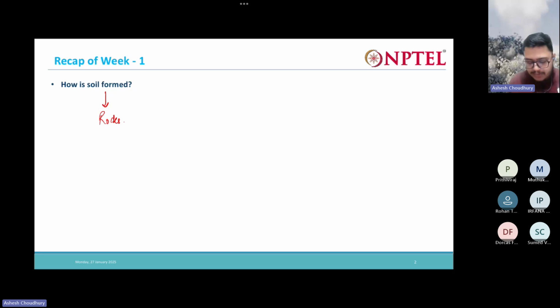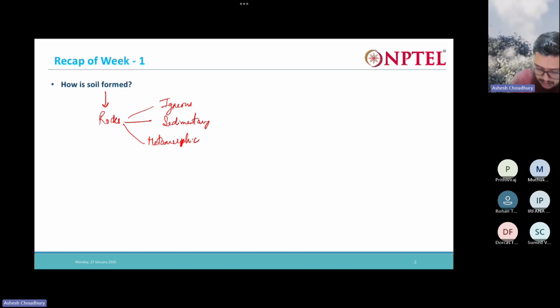So what are the different types of rocks? We have igneous rocks, sedimentary rocks, and metamorphic rocks. What happens due to weathering?